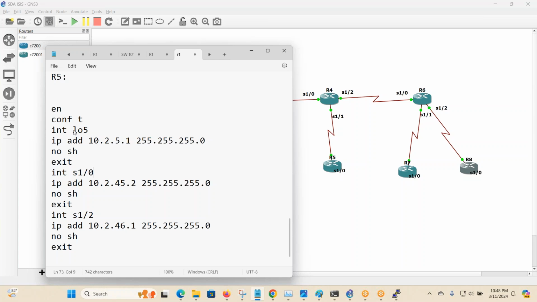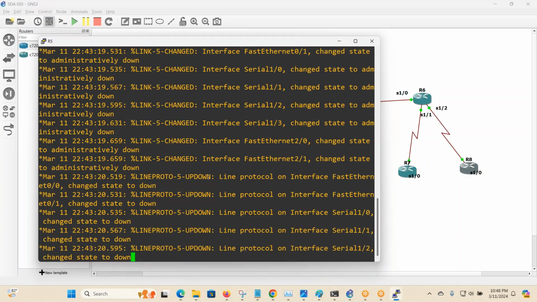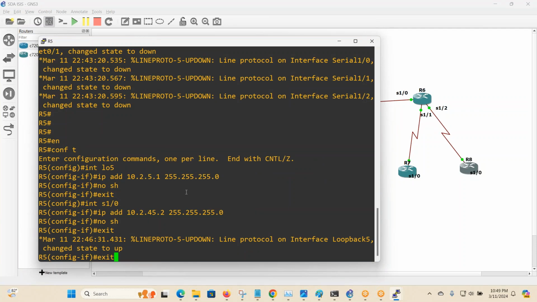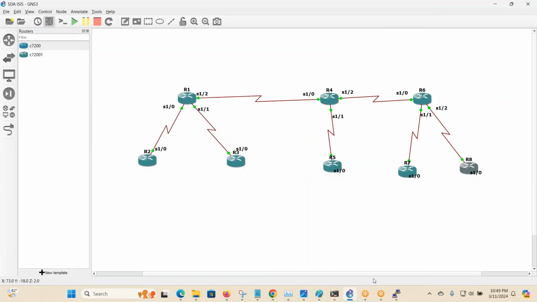So it will become 1 by 0, and we don't have any other interfaces. So we go to R5. Next device is R6.